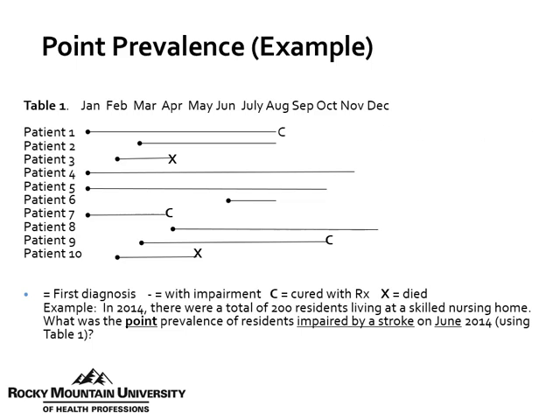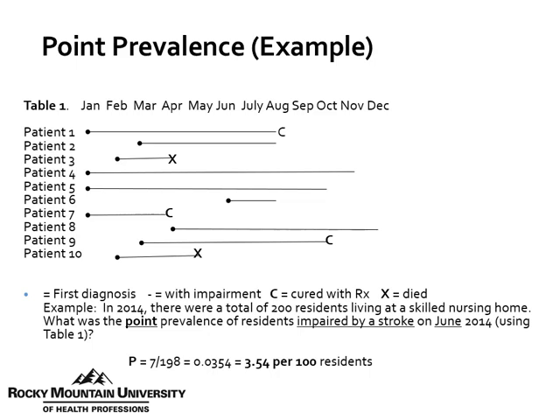If you need to pause the recording to think about it, go ahead and do so, but I'll continue on now. As you look at it there, 7 people in June were impaired by a stroke out of 198. Why 198? Because 2 had passed on prior to the month of June.